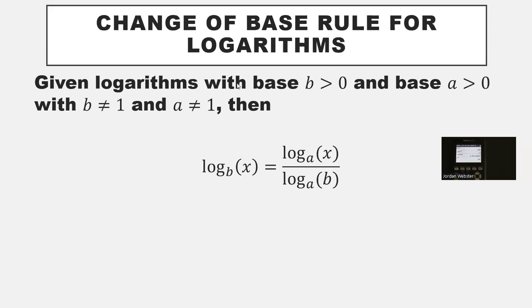This says if I have log base b of x, that's going to be the same as log base a of x divided by log base a of b for any a value. In particular, if this a is 10, then we get our log base 10. If we use a as the number e, then we get the natural log. So we can take log base 10 of x divided by log base 10 of b, and that'll give me log base b of x.